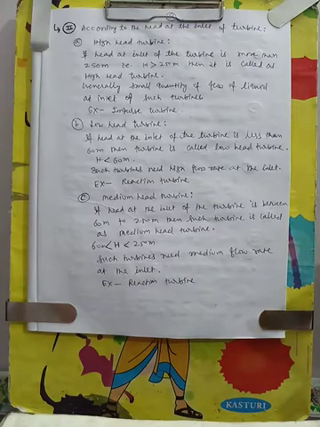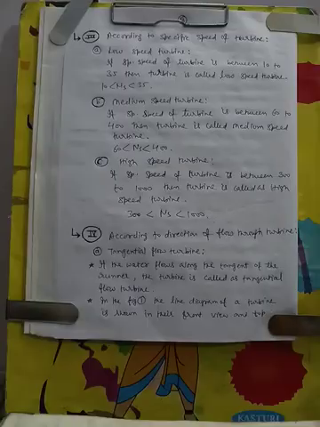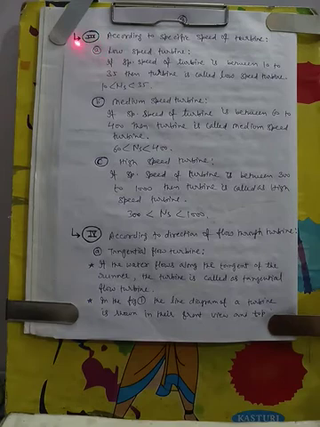Let us see the next base of classification. Next is according to specific speed of turbine. We have three types of turbine under this category. Number A, low speed turbine.